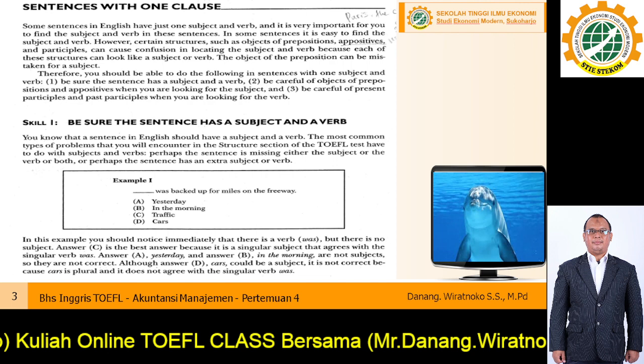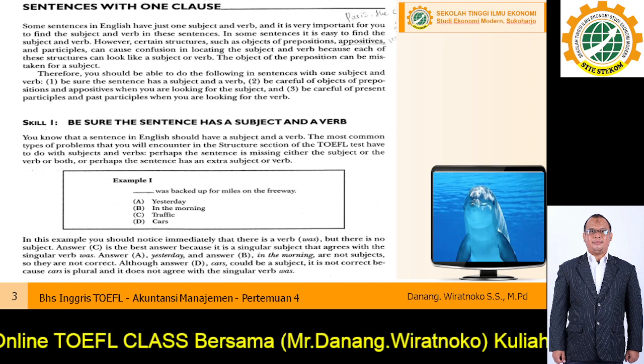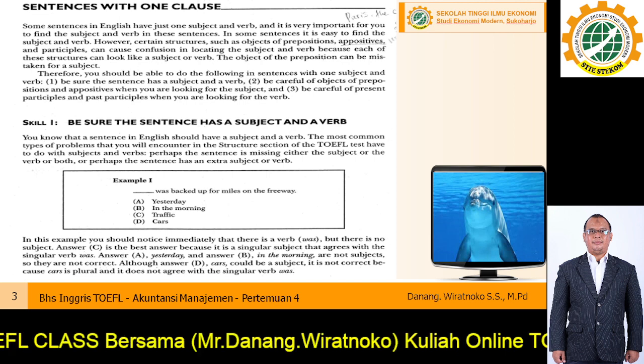Number 2 element is be careful of the object of preposition and appositives when you are looking for the subject. And number 3, be careful of present participle and past participle when you are looking for the verb.